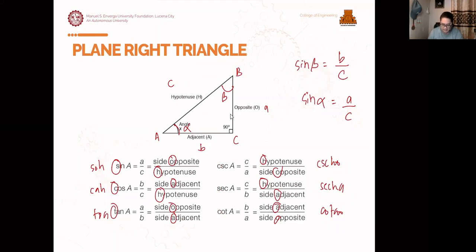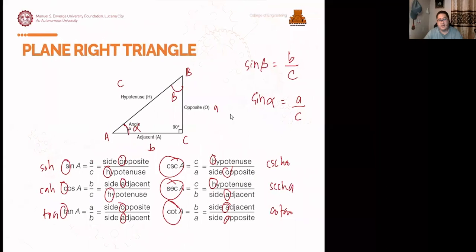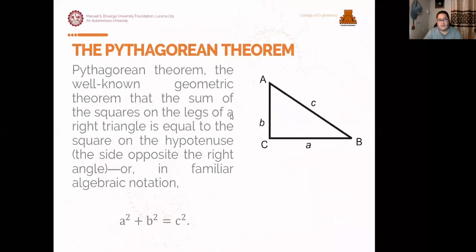Okay, so, yun lang. Sana tandaan natin to. Then once we are solving na si right triangle, dyan natin pwede i-apply si tatawag natin Pythagorean theorem.